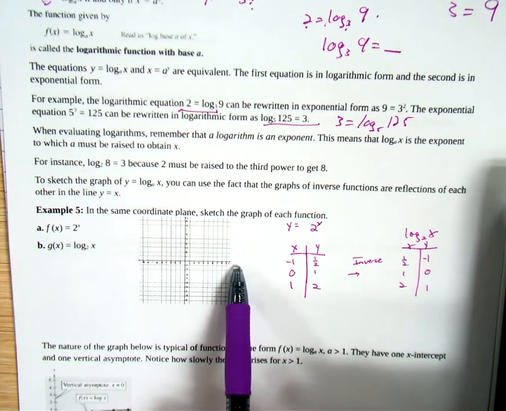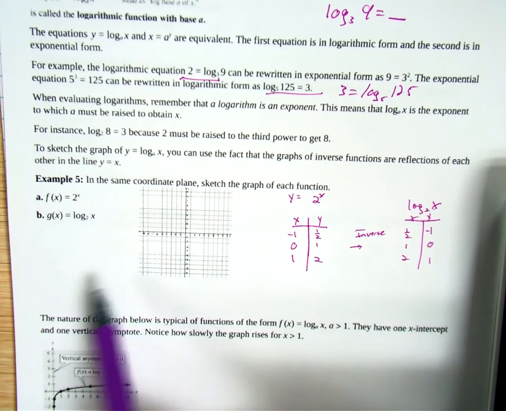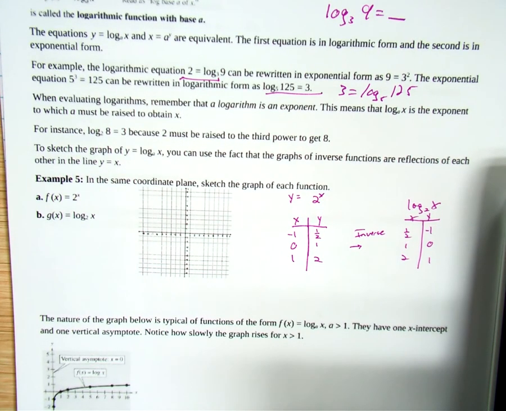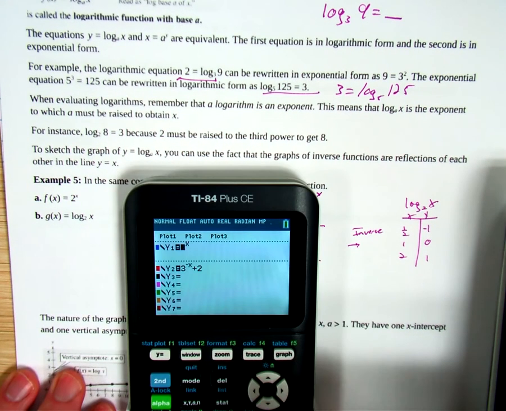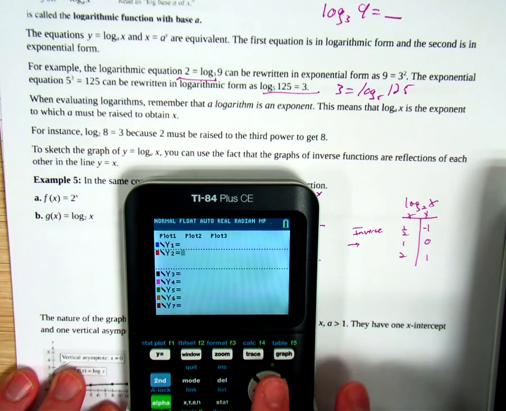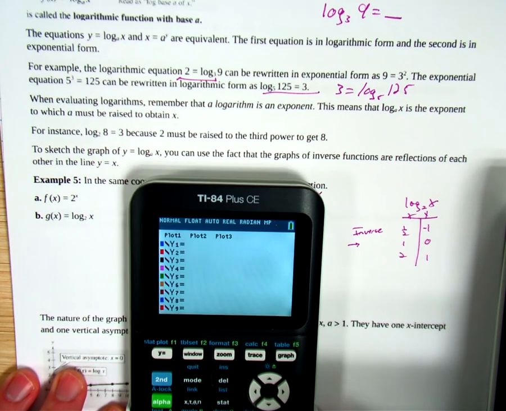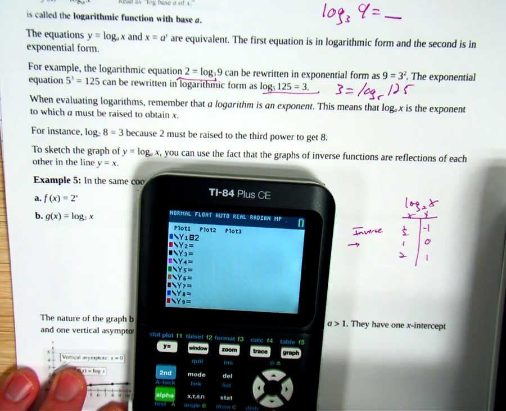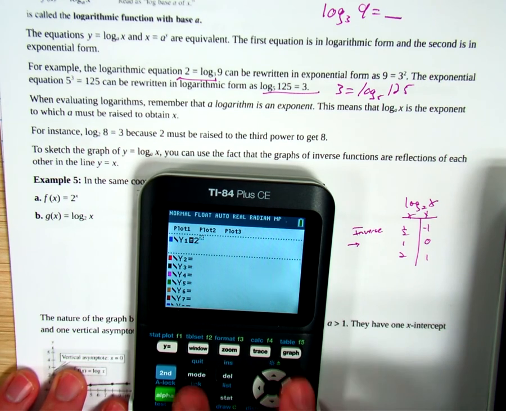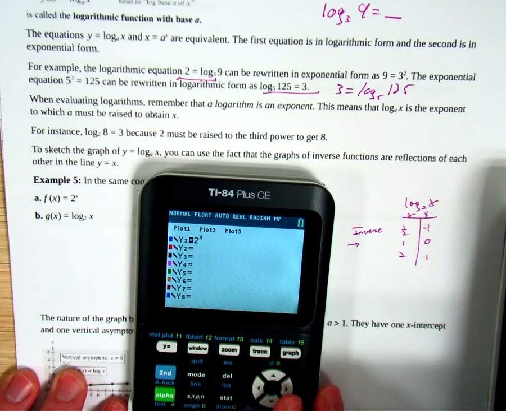Graph these in the same plane and compare. We're going to see that they are inverses and that they would be reflected over the line y equals x, which is an indication that they are inverses of each other. So 2 to the x and log base 2 of x. Let's see if we can remember where that is.